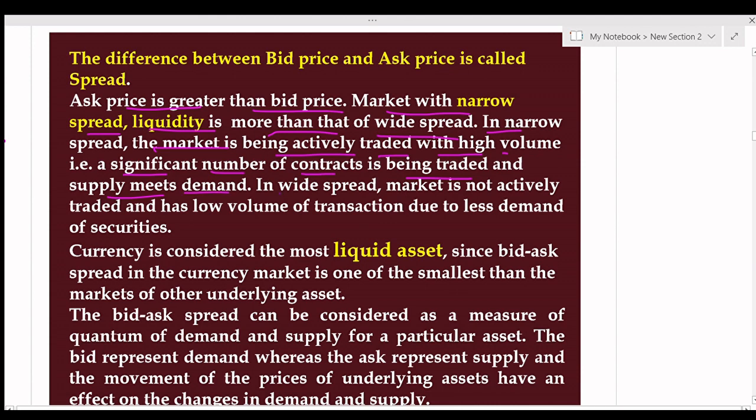In wide spread, the market is not actively traded and has low volume of transactions due to less demand for securities. Currency is considered the most liquid asset since the bid-ask spread in the currency market is one of the smallest compared to the market of other underlying assets.